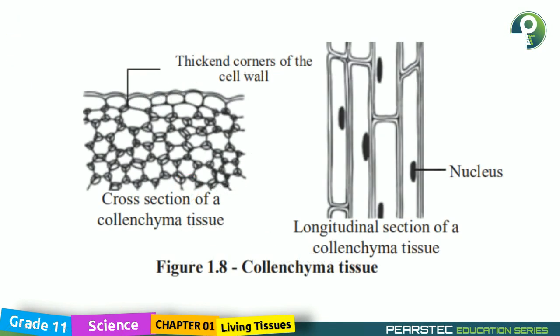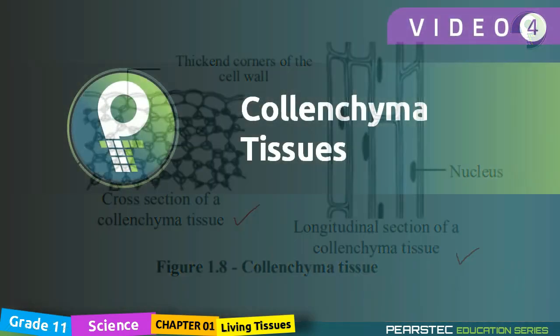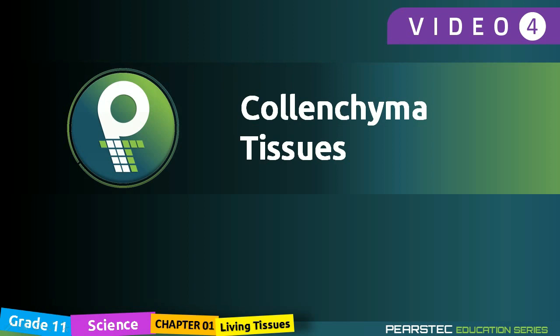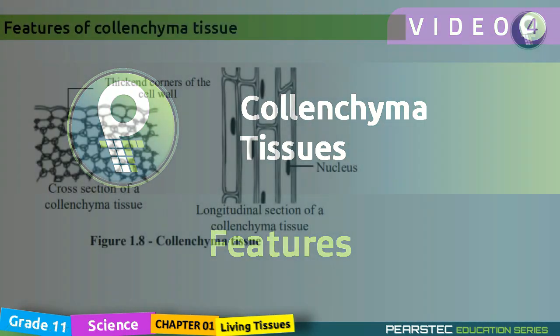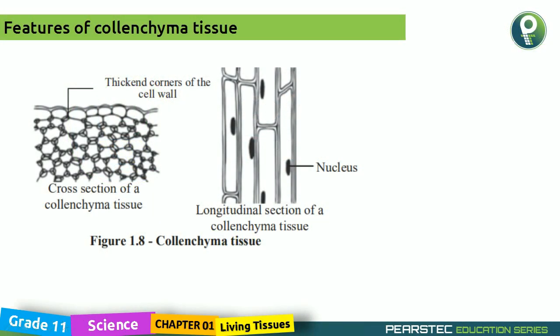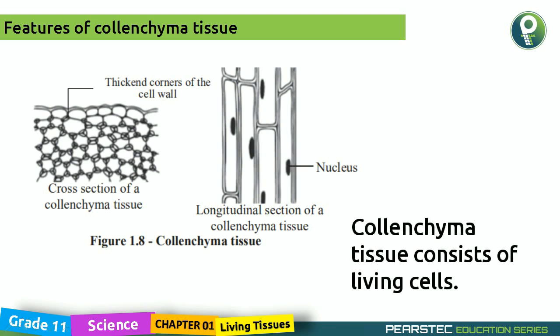Now, let's understand the collenchyma tissue. A cross-section of collenchyma tissue looks like this, and a longitudinal section looks like this under the microscope. Now, the features of collenchyma tissue. Feature number 1: collenchyma tissue consists of living cells.